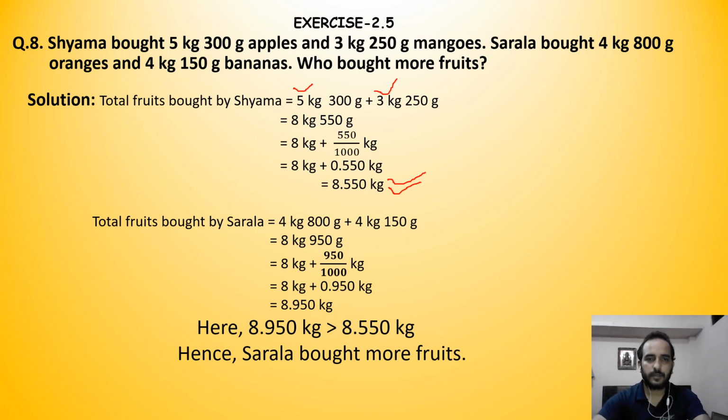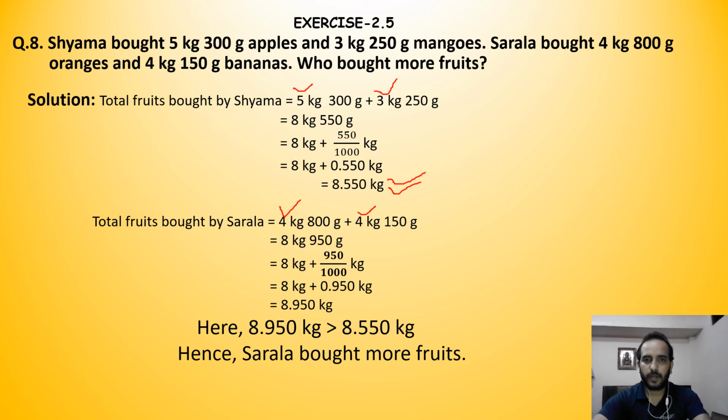Now the second lady Sarla is here. Sarla has got total fruits 4 kilogram and 800 gram oranges, and bananas 4 kg 150 grams. So again we have added kg with kg, 4 kg with 4 kg, that is 8 kilogram. Then 800 gram and 150 grams make 950 gram, and we convert it into kilograms by dividing by 1000.